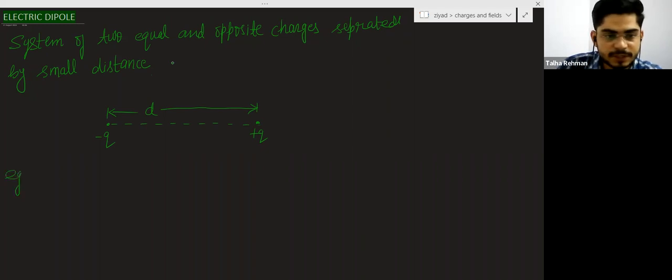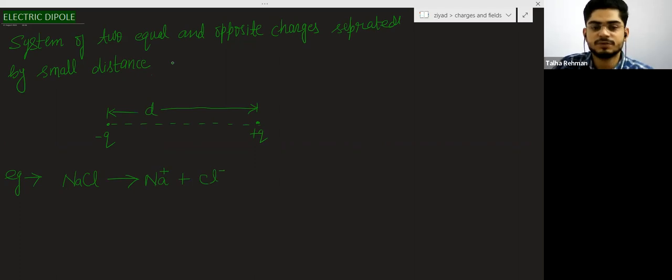So if you take the example of electric dipole, we have sodium chloride, NaCl. We know that this sodium will lose one electron and this chlorine will get one electron.